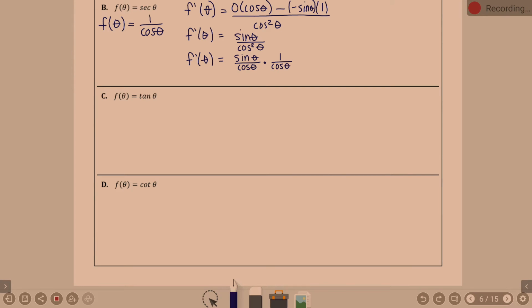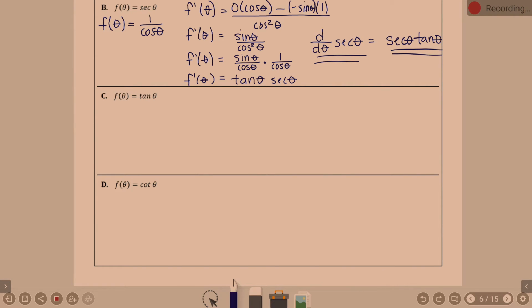When we change those to actual trig functions, sine over cosine is tangent theta, and 1 over cosine theta is secant theta. So the derivative of secant theta is equal to secant theta tangent theta.